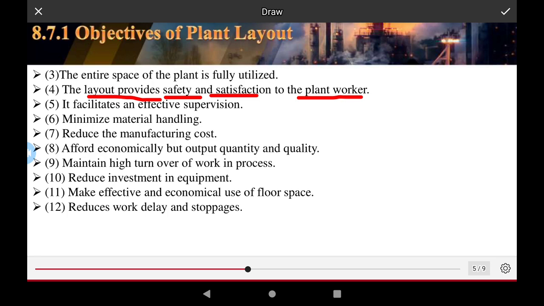The facilities allow effective supervision and minimize material handling. The main objective is to minimize material handling to reduce the manufacturing cost.